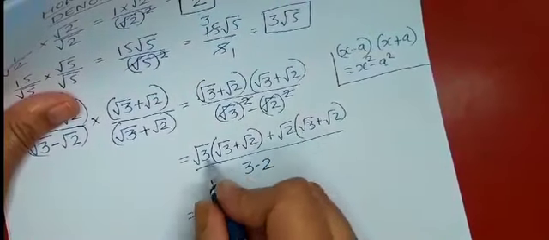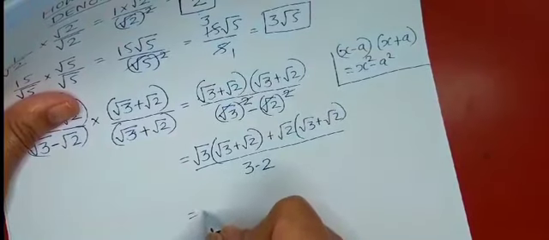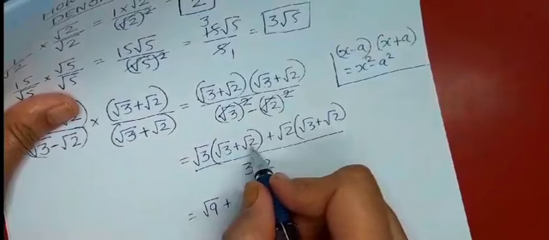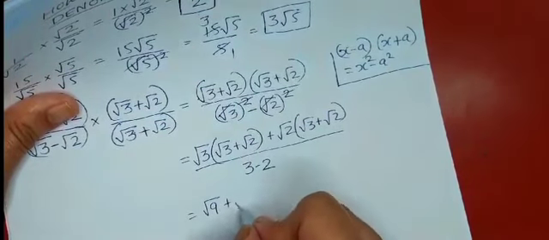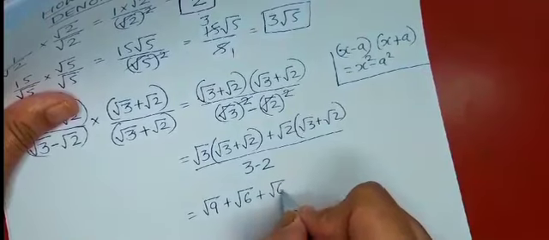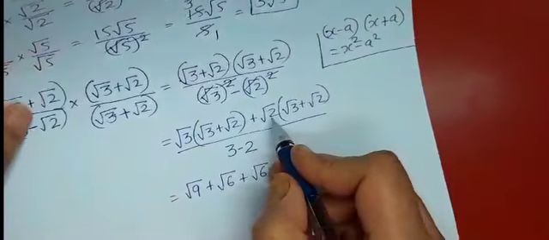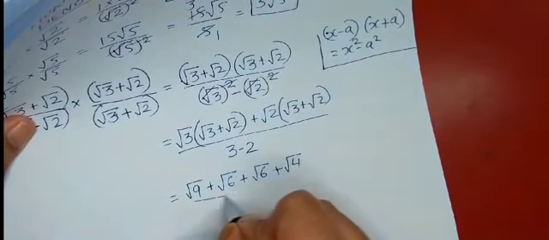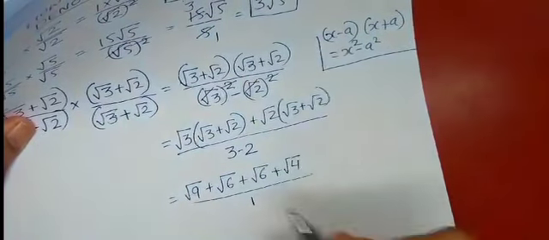Now here root 3 times root 3 is root 9 plus root 3 times root 2 will be root 6. Here root 2 times root 3 will be root 6 plus root 2 times root 2 will be root 4. And 3 minus 2 will be 1 in the denominator.